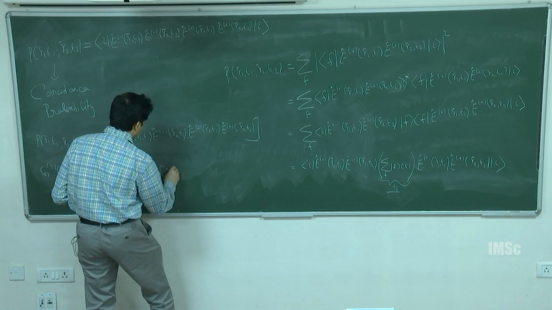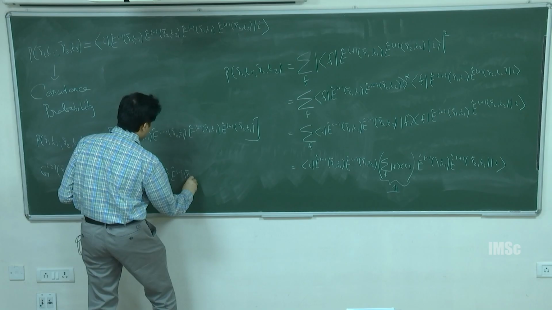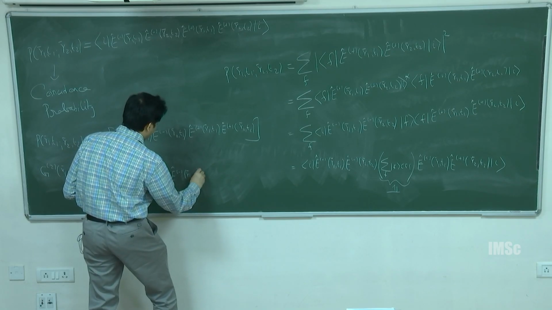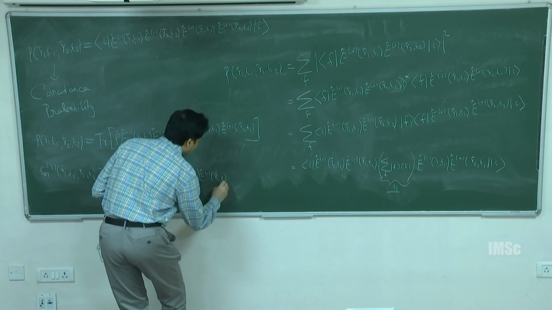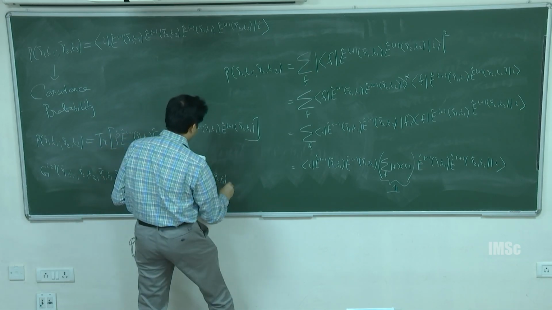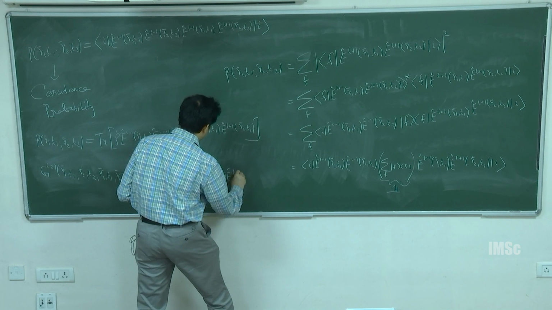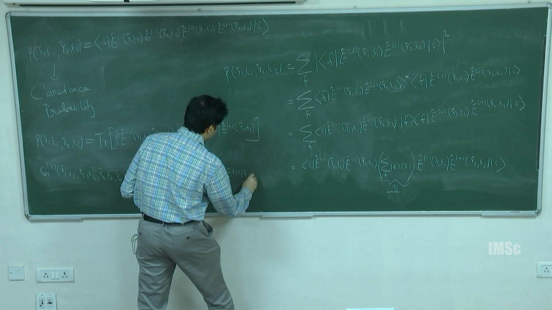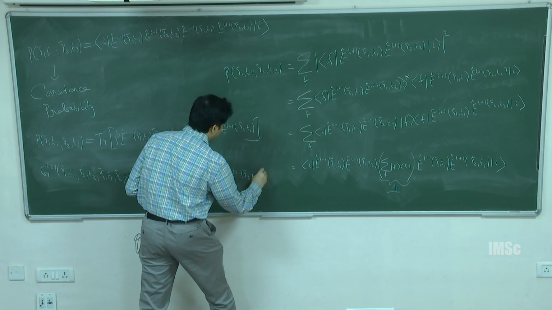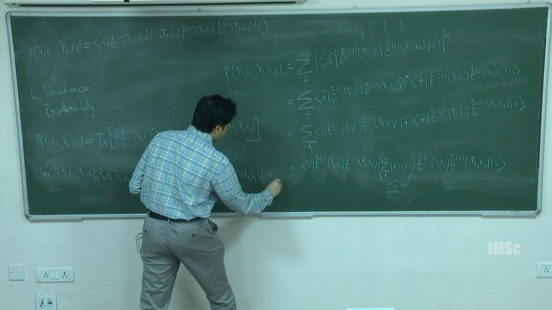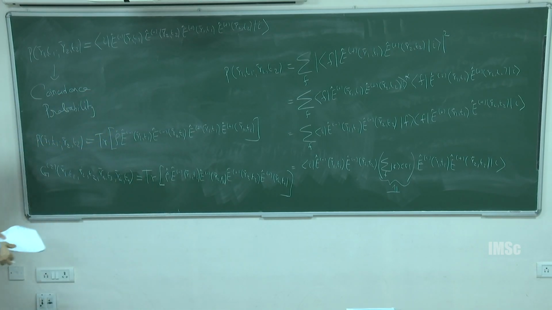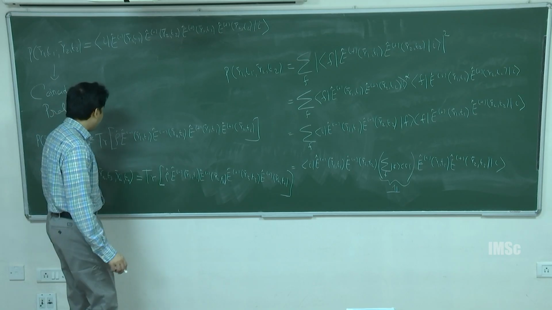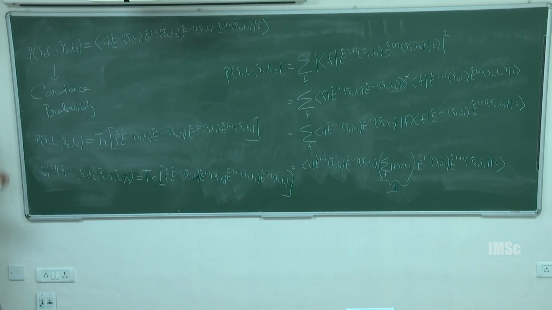Formally, this is the expression. What does it tell us? We have four space-time points: R1, T1, R2, T2, R3, T3, and R4, T4.